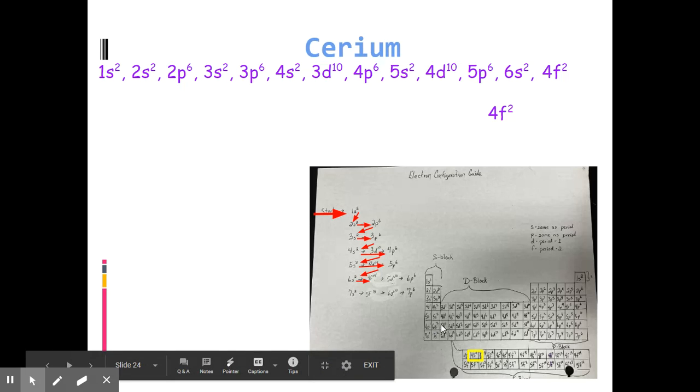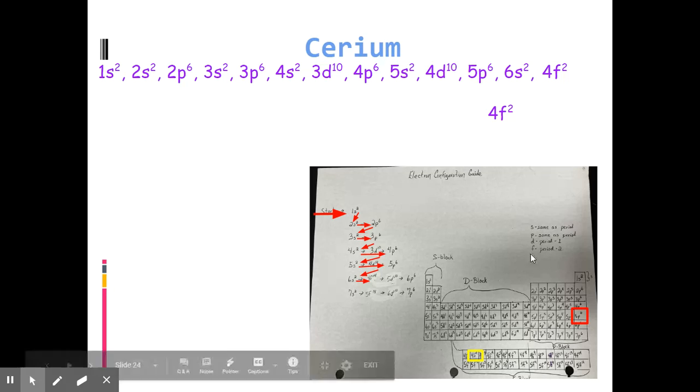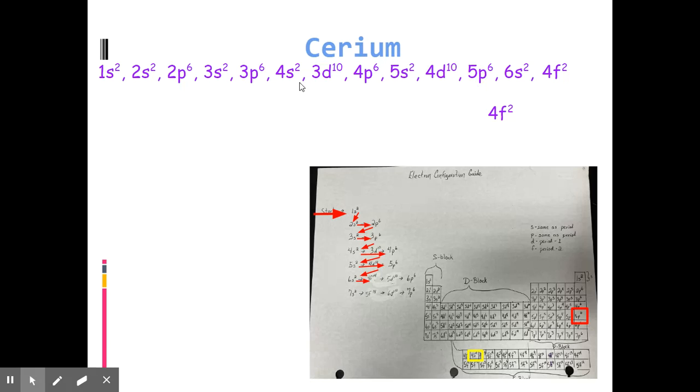So the noble gas, one row up and all the way over, 5p6, is actually going to be xenon, if I'm comparing that to a regular periodic table. Xenon, being 5p6, tells us we've filled up all of these. So if you just tell me xenon, you're taking care of a lot of that.